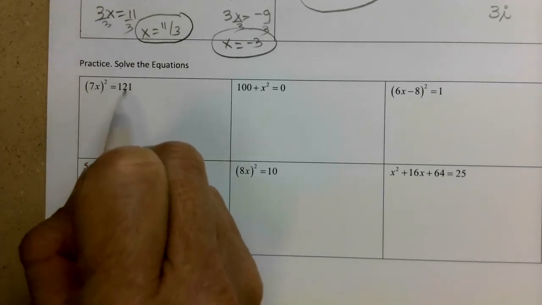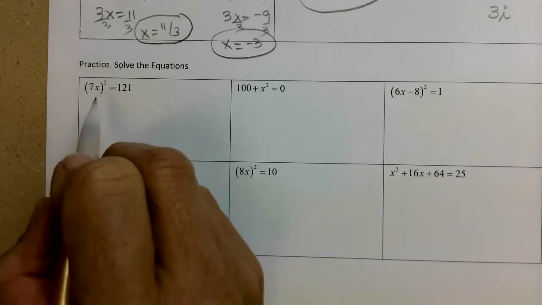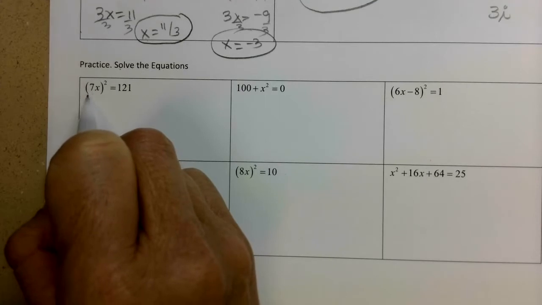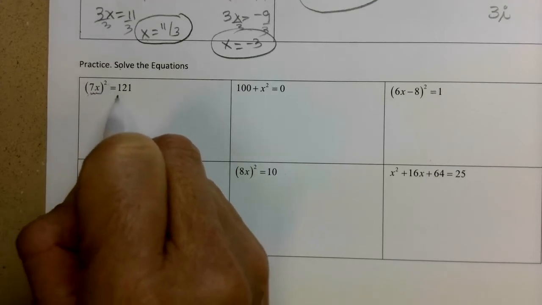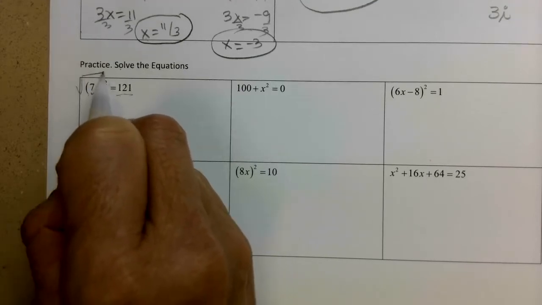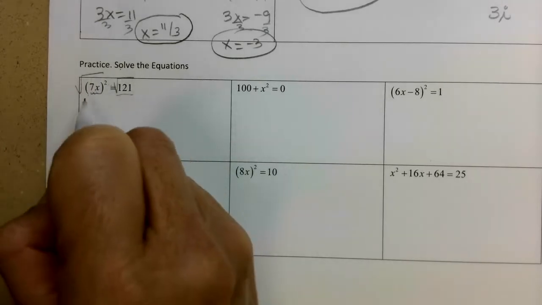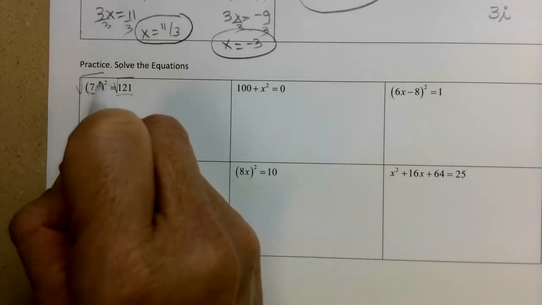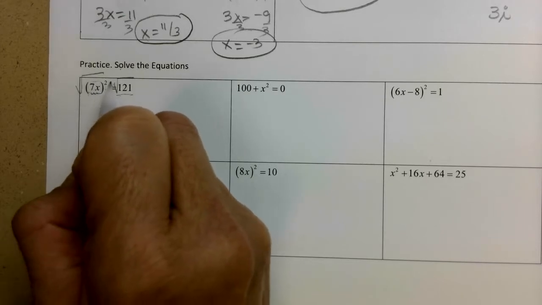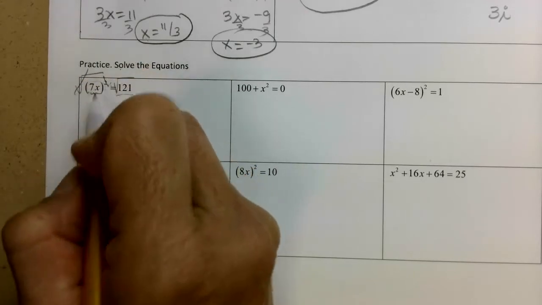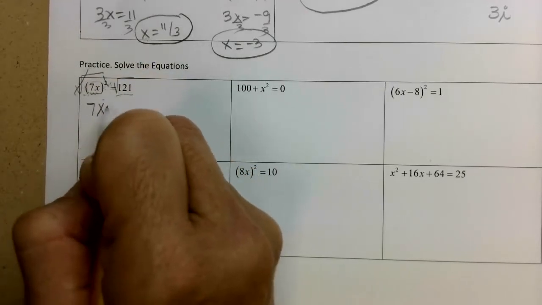So 7x squared equals 121. You could either square or you could say, oh, I have something squared and it equals a number. Take the square root of the square, and notice there are parentheses, so it's the entire thing on the left that's being squared. Okay, so when I square root, I get the 7x.